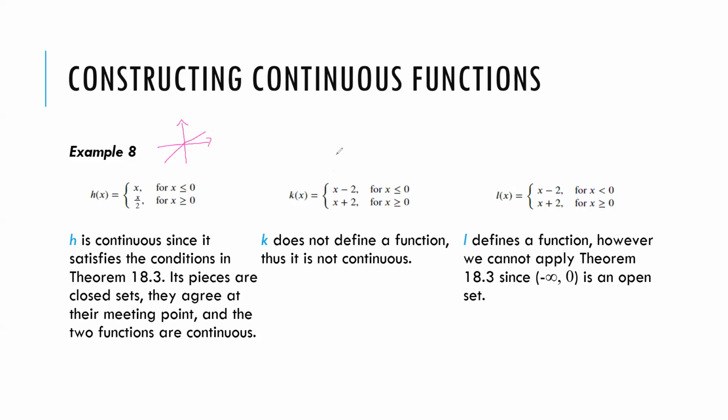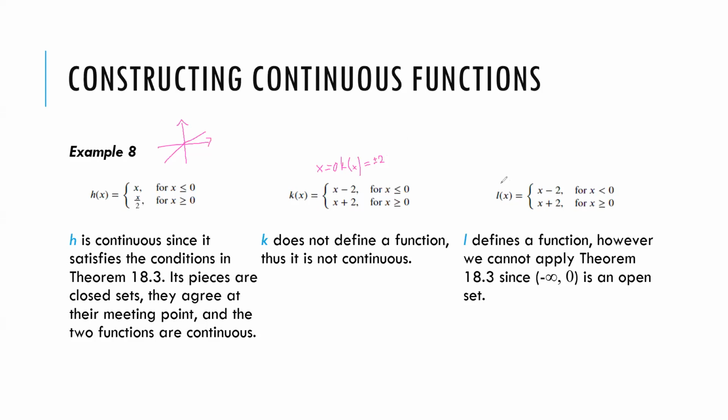Thus for x equals 0, k of x can be both minus 2 and plus 2. So k does not actually define a function, thus it cannot be continuous.